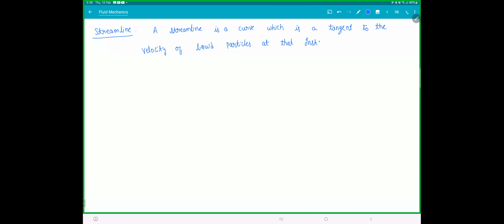What this simply means is a streamline is the path of the particles. So the path of the particle is called a streamline. The velocity vector is tangential to the streamline.